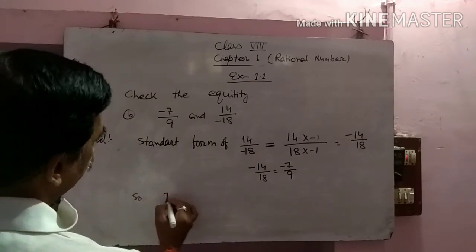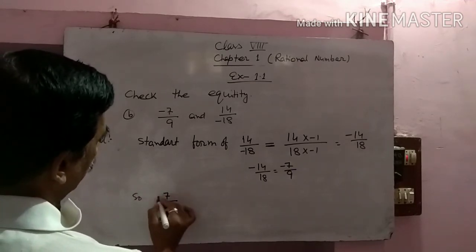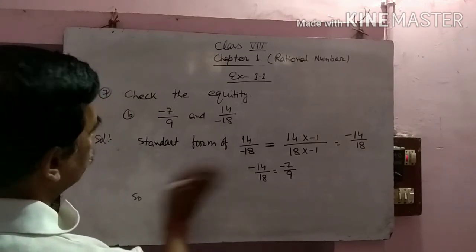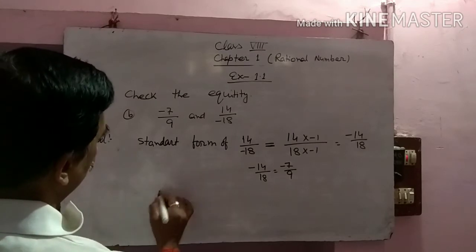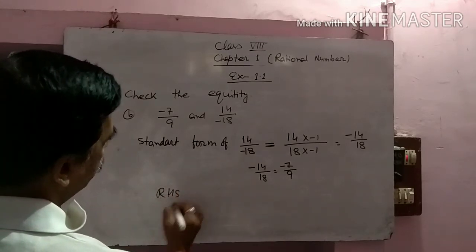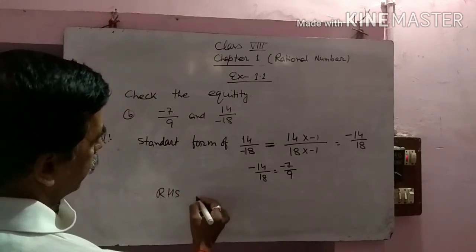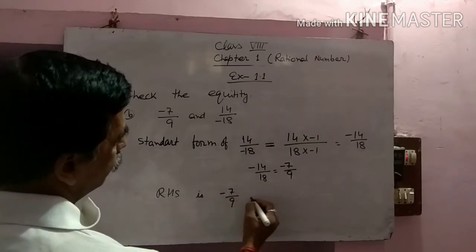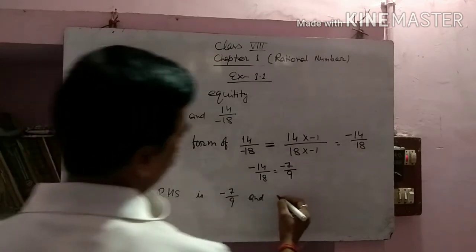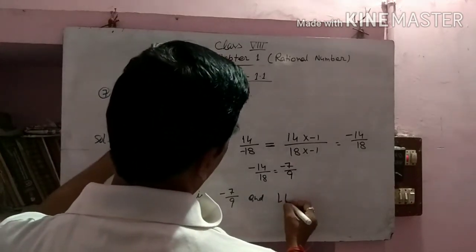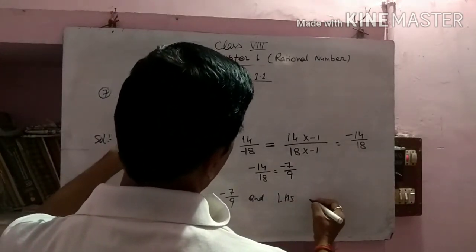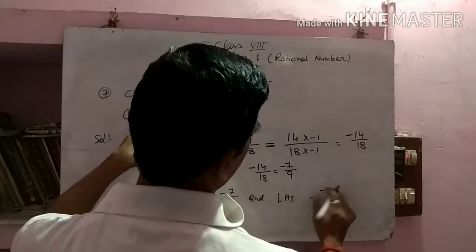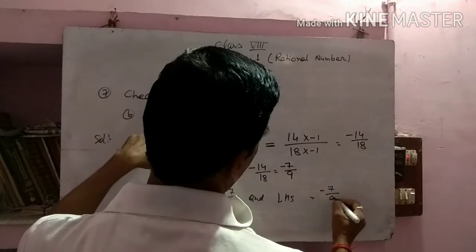So this is the RHS, which is minus 7 by 9, and this one, the LHS, left hand side, is equal to minus 7 by 9.